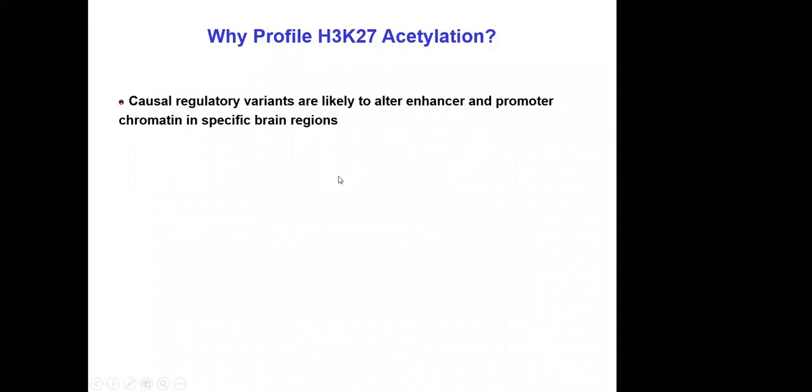Firstly, histone acetylation is interesting because if you have a GWAS variant that's non-coding, so a regulatory variant, it's likely to alter the function of an enhancer or a promoter. Maybe it alters the function of boundary elements, I left that out. But generally, it has to alter the function of a regulatory element, and that's how it can affect a phenotype.